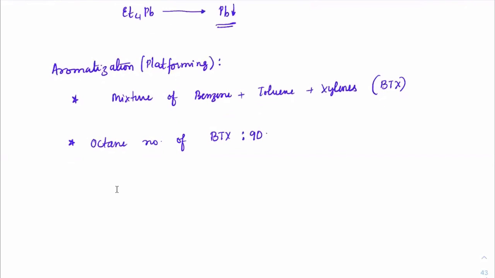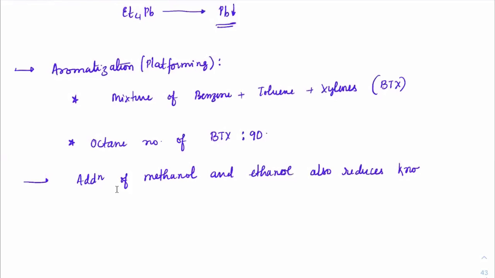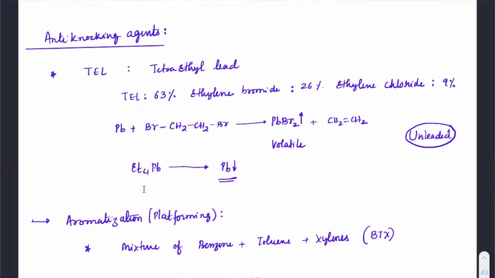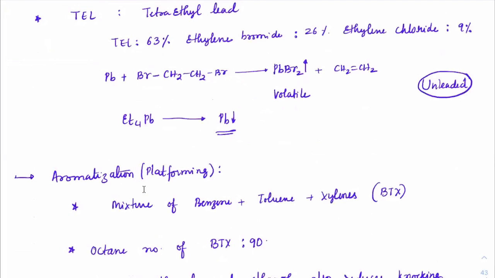Another simple anti-knocking agent that is used here is the addition of methanol and ethanol, which also reduces knocking. We do not get into the reactions. This much is what you need to know. Just like octane number is the more useful standard for understanding petrol and gasoline, cetane number is used for grading diesel oils. I hope all of you understood the anti-knocking agents. Mainly two, TEL and BTX.